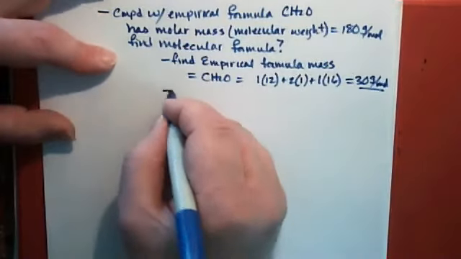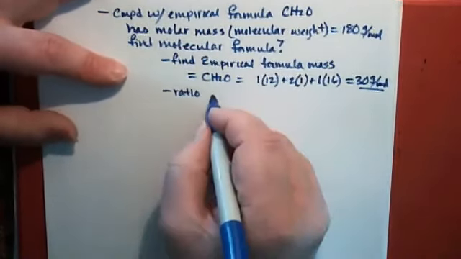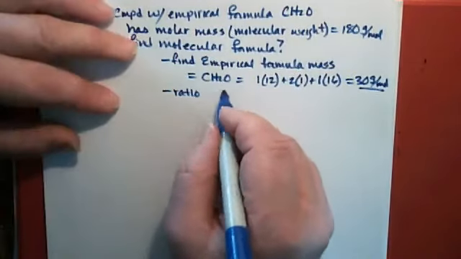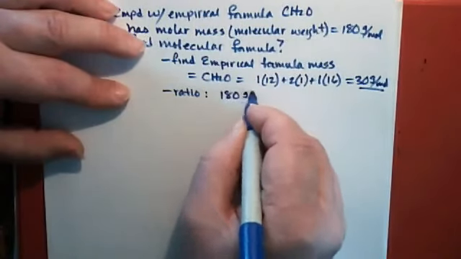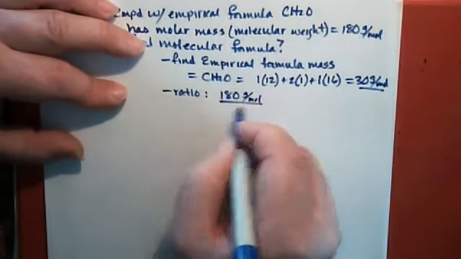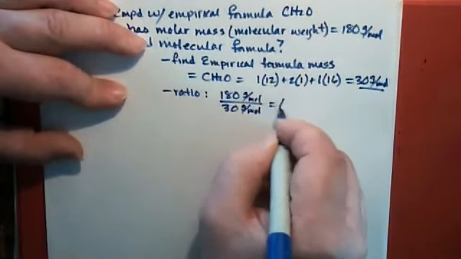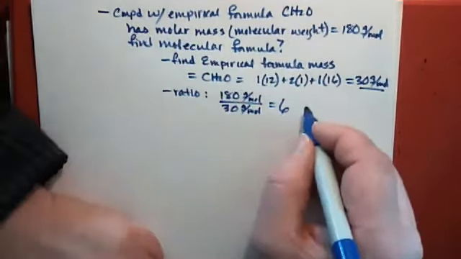Then you take your ratio of the bigger number over the smaller number, or the molar mass over the empirical formula mass. And it's 6. 180 divided by 30 is 6.